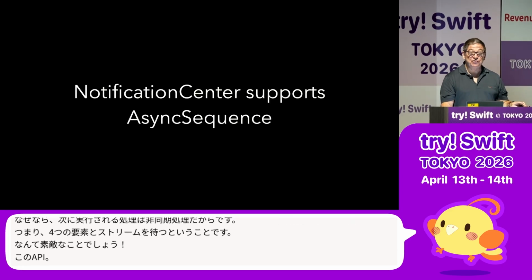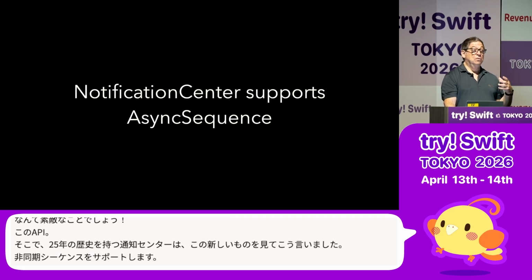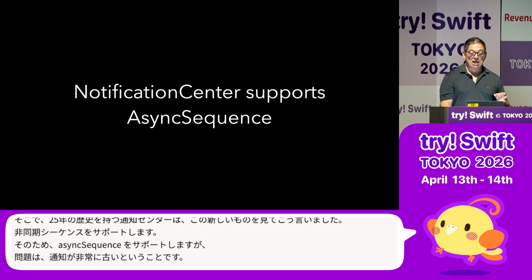So Notification Center, 25 years old, looked at this new thing and said, well, we'll support async sequence. But we've got a problem. The problem is notifications are really old, and they're reference types. And they contain this user info dictionary that can contain anything.